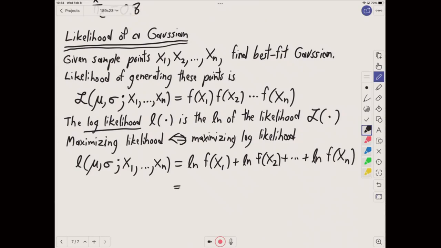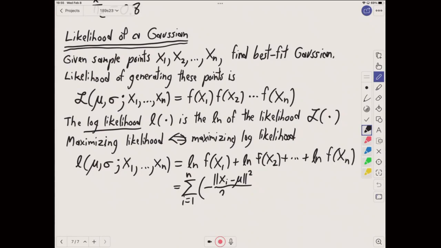Now, next thing I want to do is I want to actually substitute the normal PDF, well, the log of the normal PDF in for each and every one of these summands. And so that will become the sum over all n sample points of minus, here's the norm of xi minus mu squared.